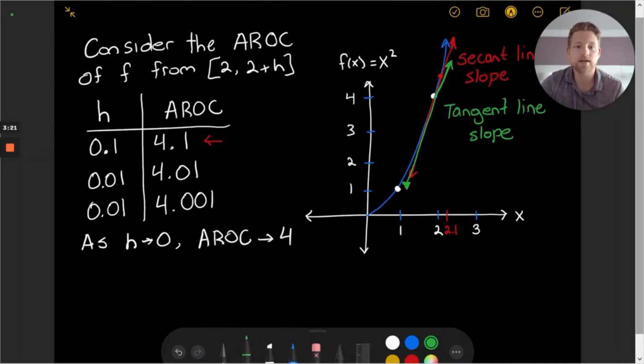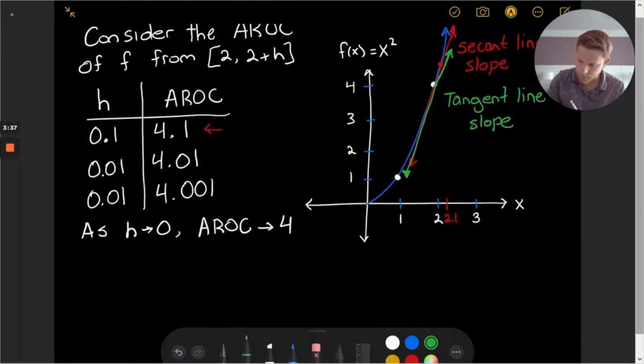As the secant line gets closer to this tangent line, that average rate of change gets closer to 4. So we could say in another phrase that the following is true.